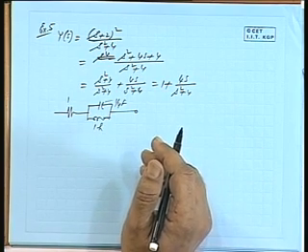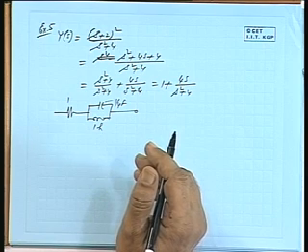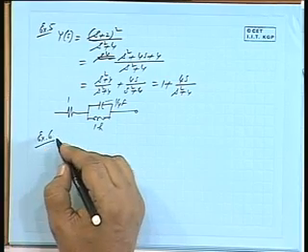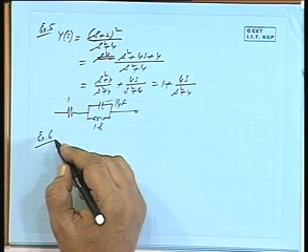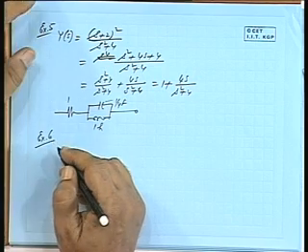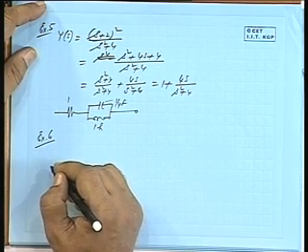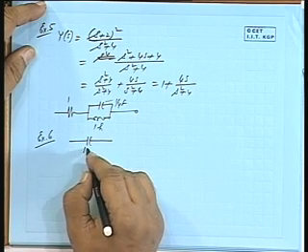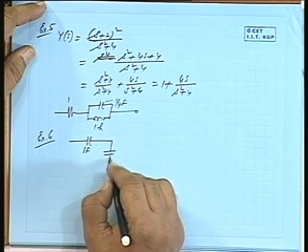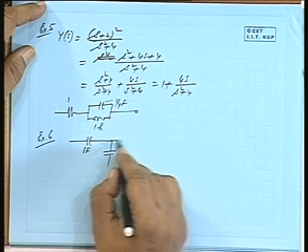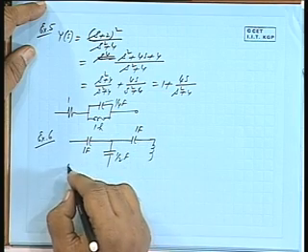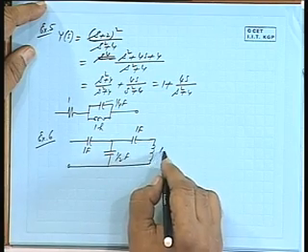There is a very interesting problem on LC network. There is a network: 1 farad, half a farad, 1 farad and 1 Henry.